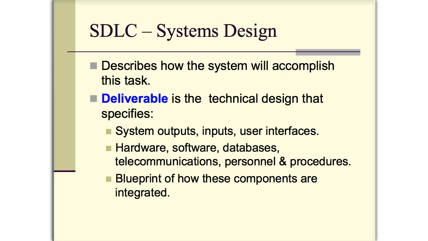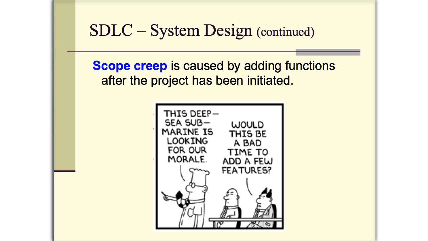So it's going to come out with a brand new architecture with the specifics of the system, what hardware, software, all of that, and how those pieces are going to work together. And again, it should be sufficiently detailed so that the programmers in the next phase can take that document and build from it.